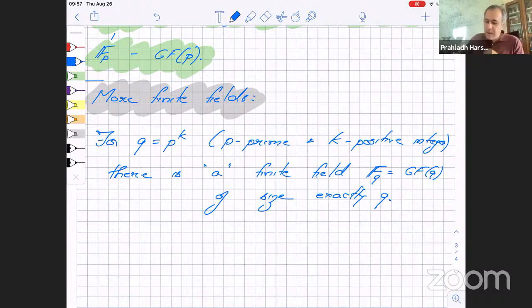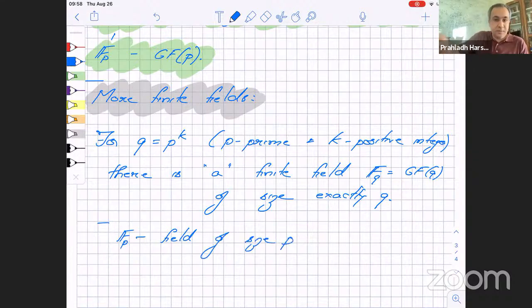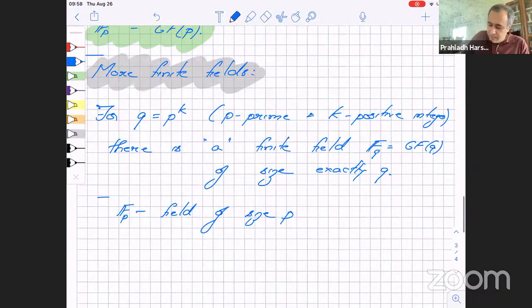Let me first define the set. Let's look at F_p, which is still a field of size p. I'll use the field of size p to build up the field of size q, where q is p to the k. Let's look at F_p[x], which is the ring of polynomials.